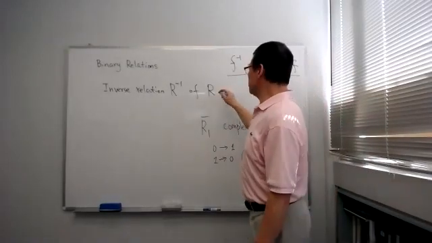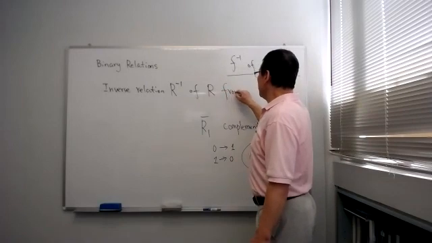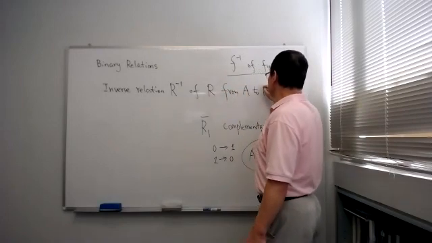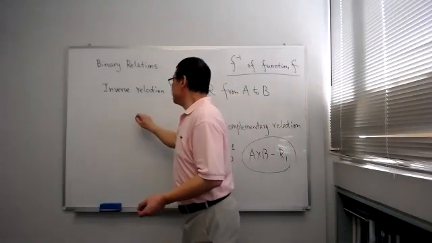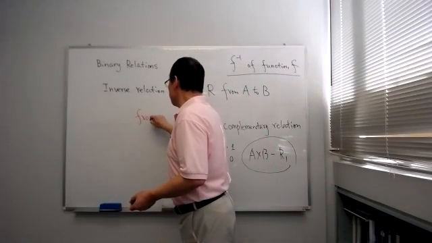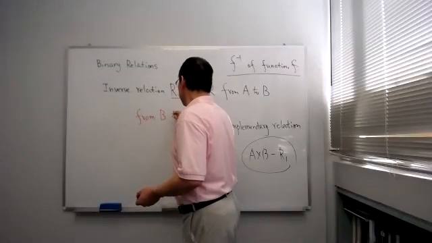Since R is a relation from A to B, the inverse is from B to A.